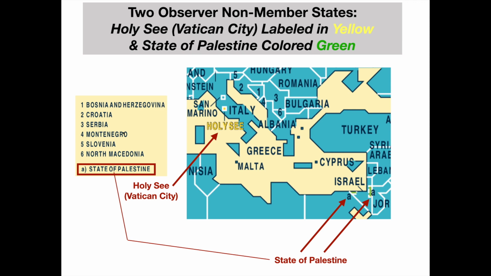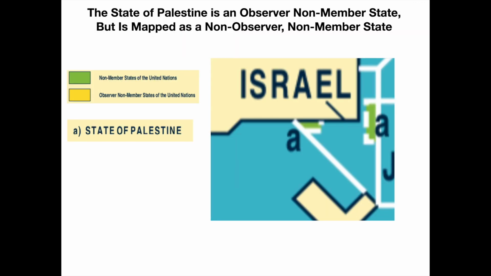Let me focus in a little bit more. Now, if you remember, green was used for non-member states of the United Nations, Niue and Cook Islands, but yet the Palestinian territories, West Bank and Gaza, are mapped in exactly the same way. I believe this is merely an error. They should have been mapped in yellow and they were mapped in green instead.